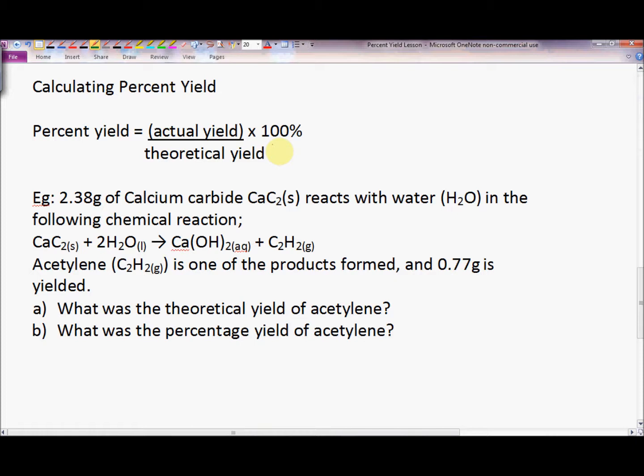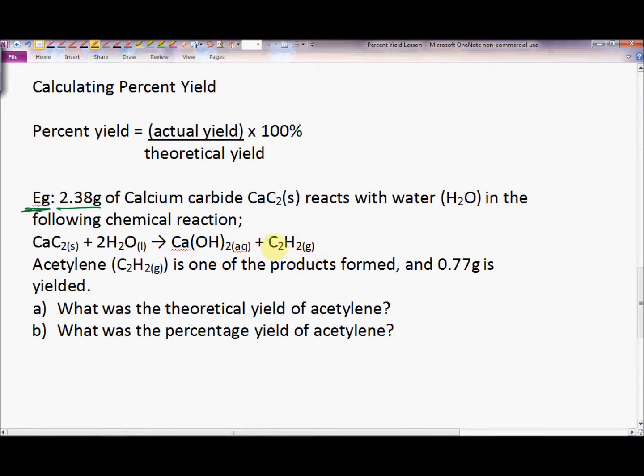Okay, here's how the percent yield would work in an actual problem. We've got an example problem right here. So 2.38 grams of calcium carbide reacts with water in the following chemical reaction. Calcium carbide plus water gives us calcium hydroxide plus this gas here, which is called acetylene.